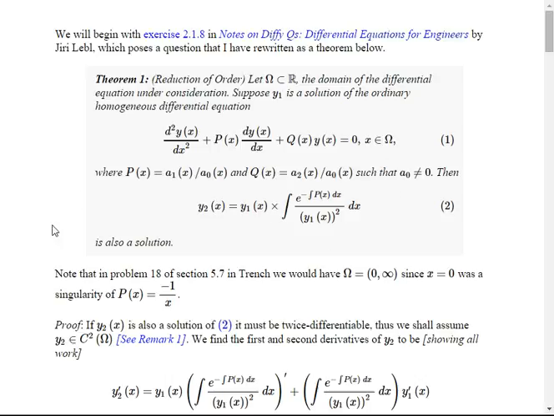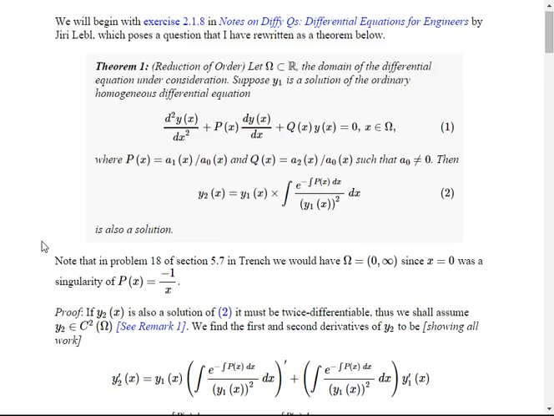So in order to prove this, we have to show that y1 and y2 are linearly independent on omega, and we also have an additional requirement, at least in this case, that the polynomial coefficient in front of the second order term cannot be 0.